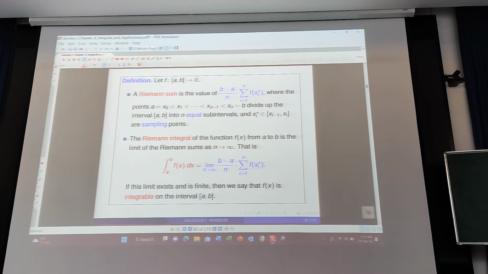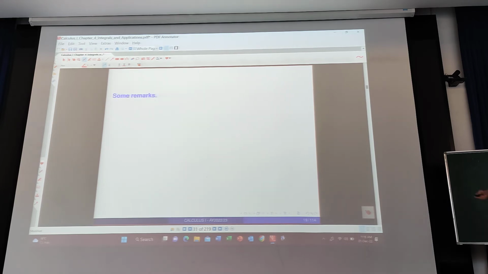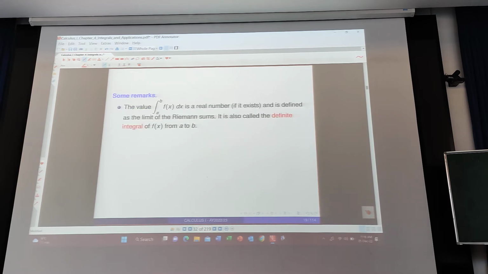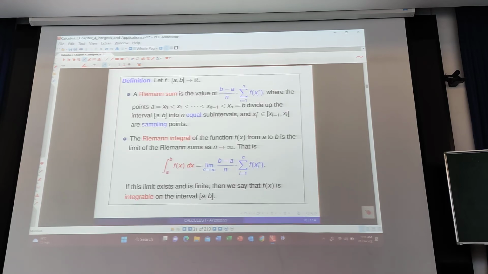Ok, so some remark. The value is a real number because it is a limit of Riemann sum. Chúng ta có f, chúng ta có AB, chúng ta lấy điểm x star ở trên mỗi một đoạn, ta chia đều ra thì ta xây dựng được cái tổng này, và nghĩa là ta có được Riemann sum.